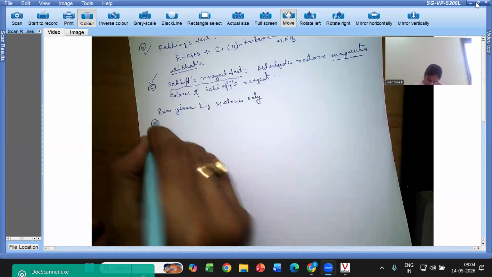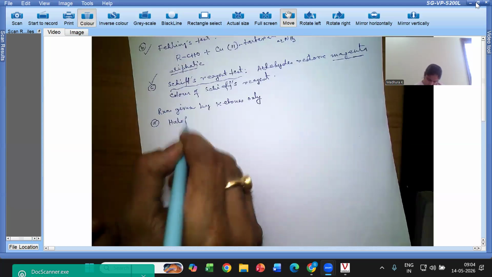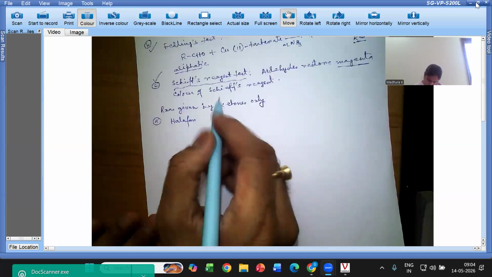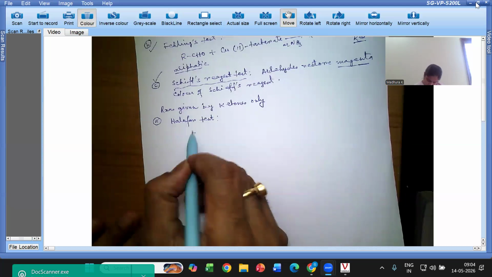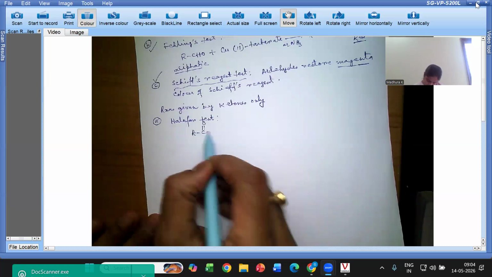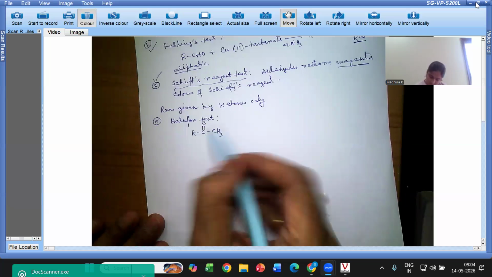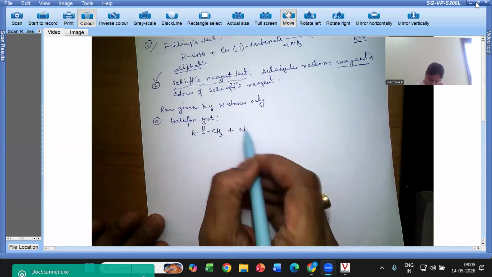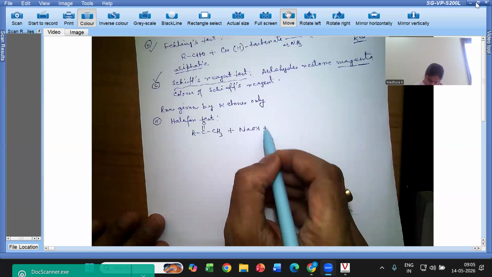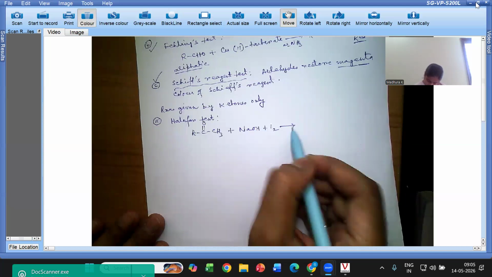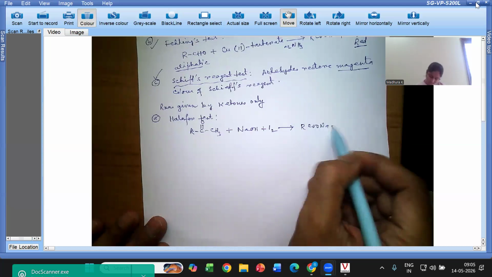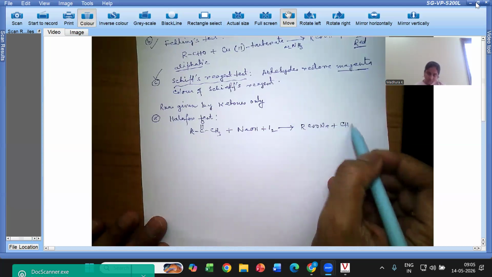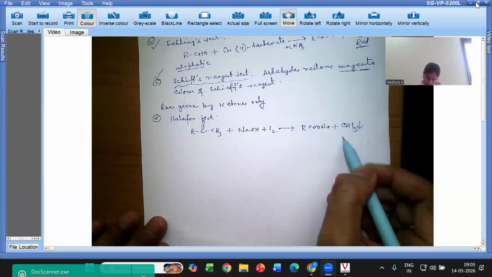Now, another important reaction, the haloform reaction, the iodoform test. What do you know about this? If a keto methyl group, the CH3CO group, is present, then with sodium hydroxide and iodine, what will we get? We will get the corresponding sodium acetate plus CHI3, which is a yellow precipitate.